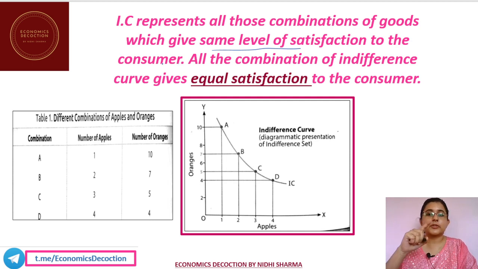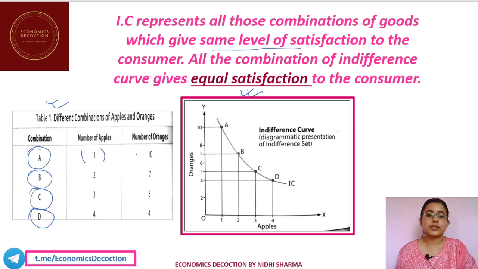So one IC represents the same level of satisfaction that is derived by consumption of various units of particular goods and services. All the combinations on an indifference curve give equal satisfaction to the consumer. So in this schedule, you can see we have four combinations: combination A, B, C, and D. In combination A, the number of apples is 1 and the number of oranges is 10.